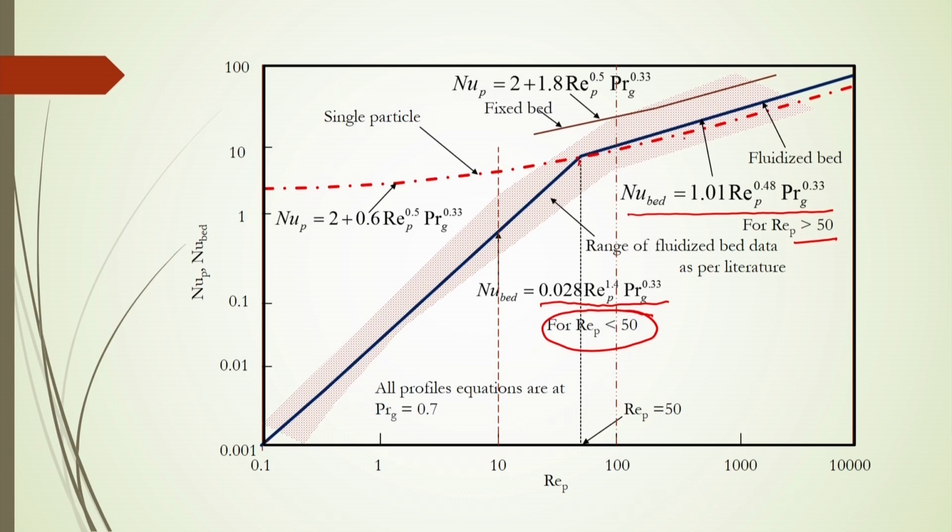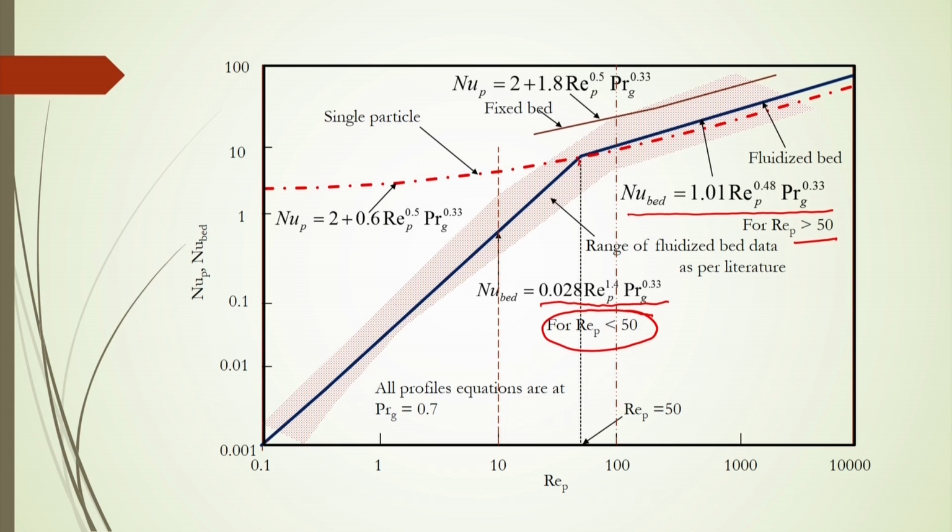Whereas, for all particles, that means not single particle conditions, the heat transfer coefficient will be within the range from the single particle to the fixed bed conditions. So, here is the beneficial region where you can apply the fluidized bed condition for heat transfer, for your specific industrial application.